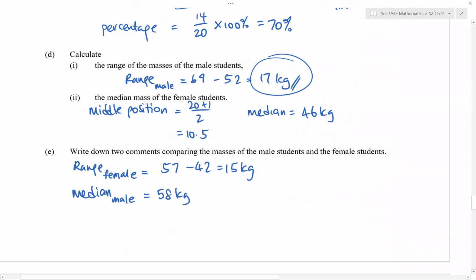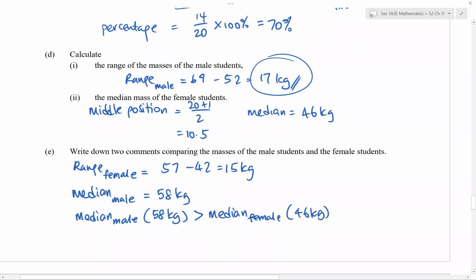So let's start. You can either start with the range or the median. You can start with either male or female, it doesn't matter. So let me start with the median for the male, which is 58 kg. This is greater than the median for the female, which is 46 kg.